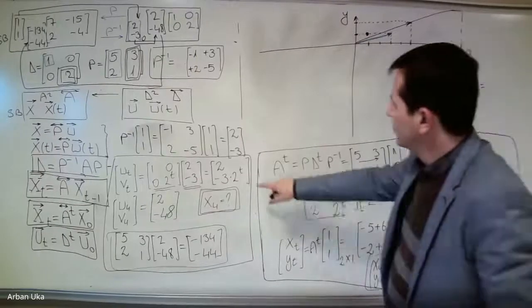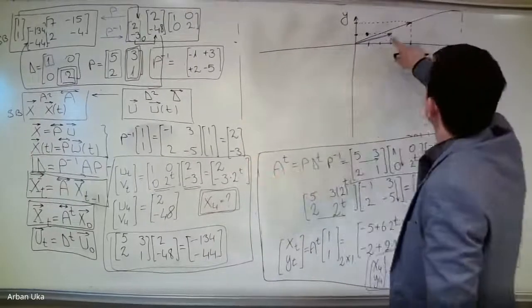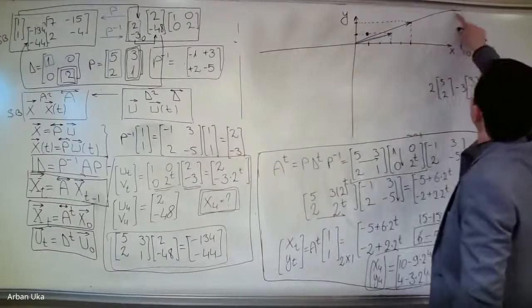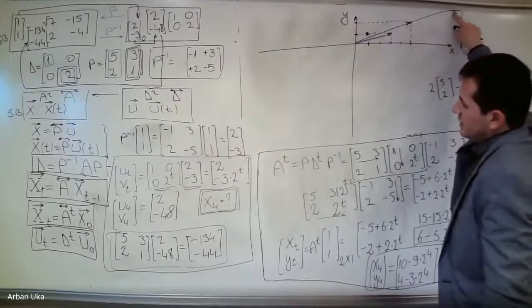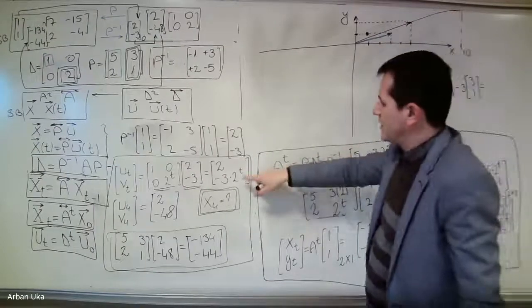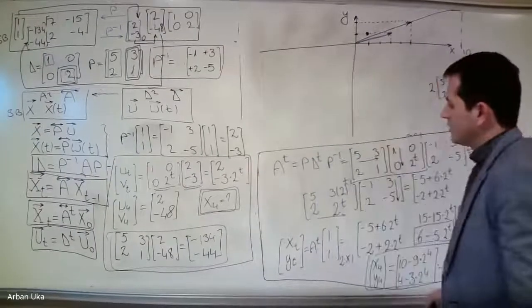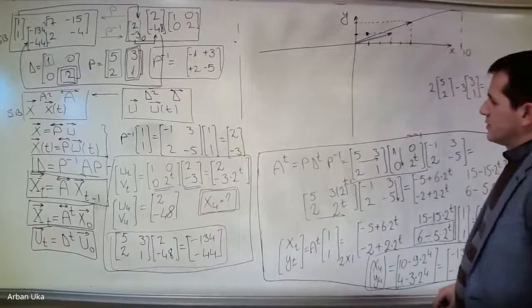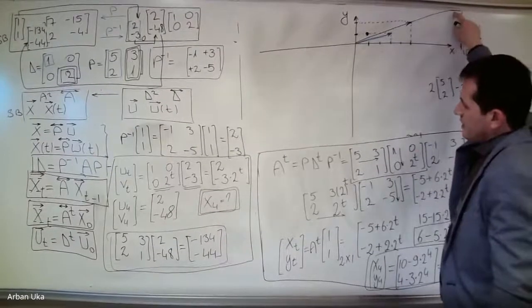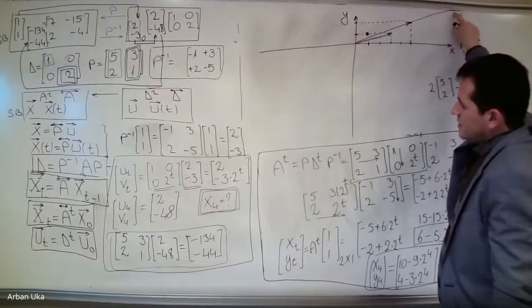We get 2 units of the first of the u. It's like we are starting from here, and we are subtracting each time this much. So the u is 2 units along this, and then we have to subtract.